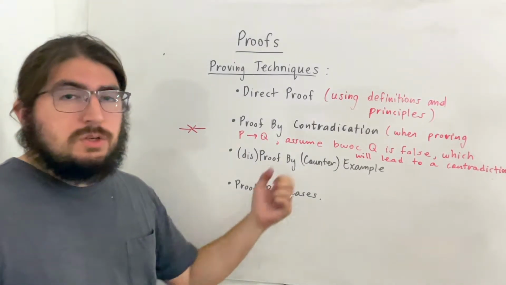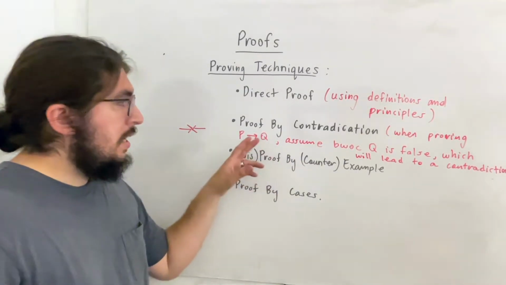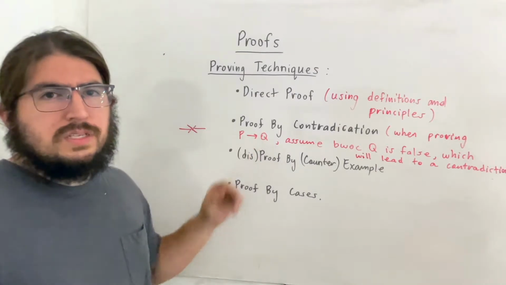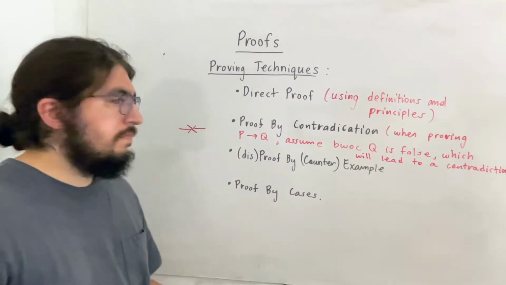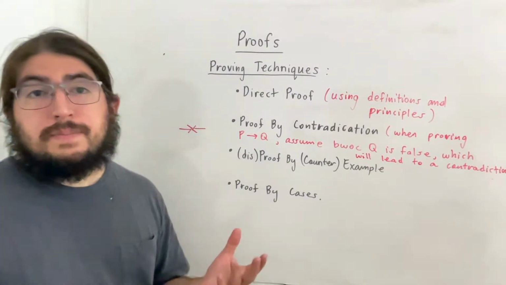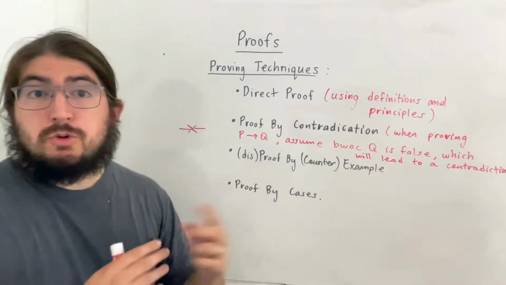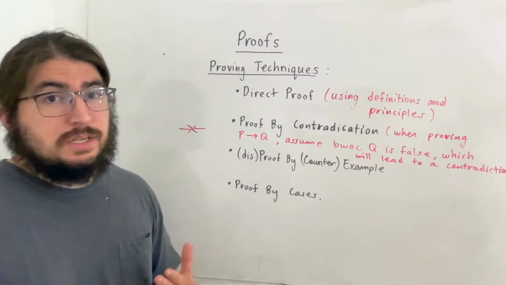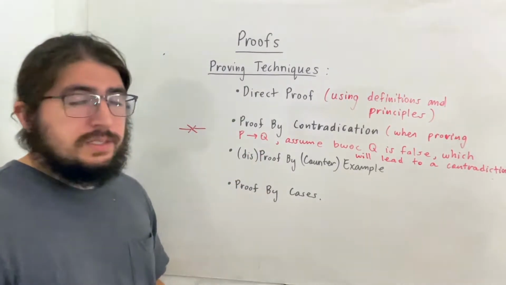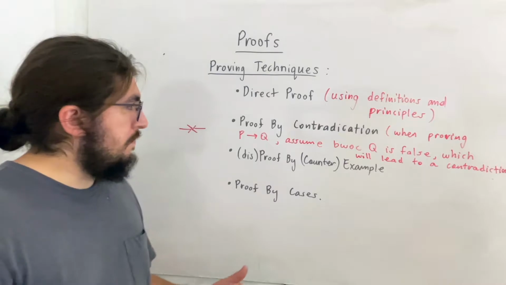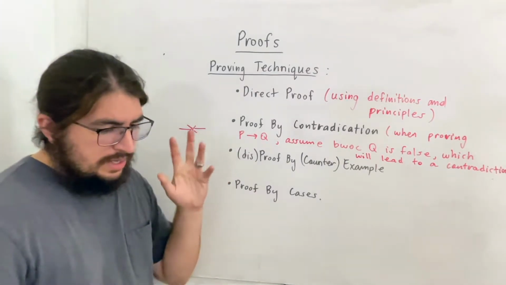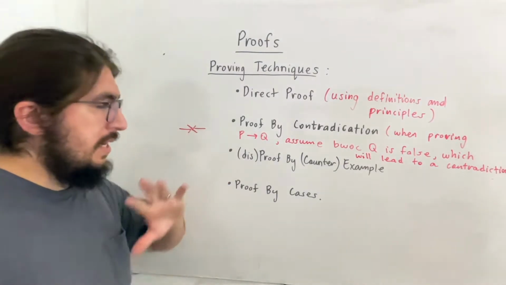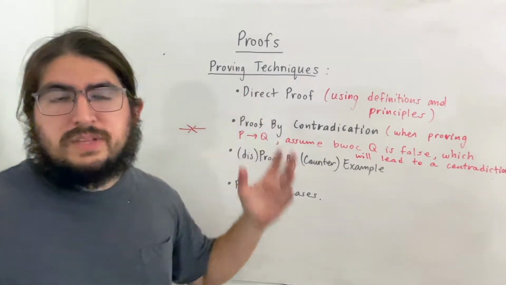And if that leads to a contradiction, then that implies that what we were assuming to be false is actually true. Kind of strange, but it makes sense because remember, Q can either be true or false as a proposition. So if we assume it to be false and we get something that's clearly false from our assumptions, for example, I'm trying to think of an example right now. I can't think of one off the top of my head, but we'll see examples of all of these in a bit.